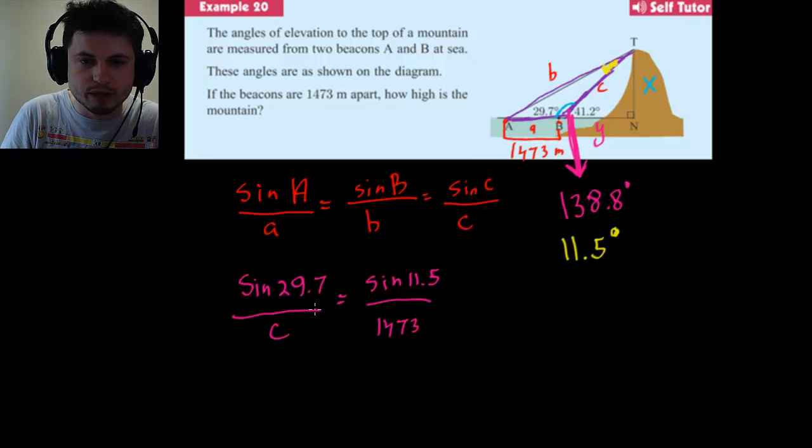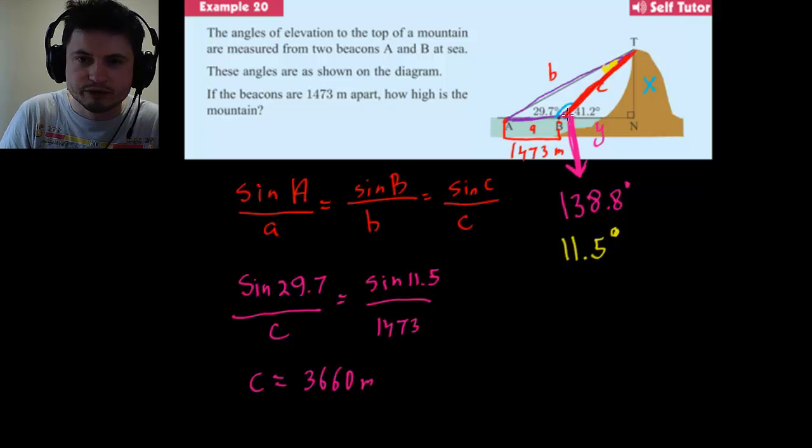Now, if you rearrange this and solve for C, what you'll get is that C equals approximately 3,660 meters. So this length right here is 3,660, and we found this using the sine rule.